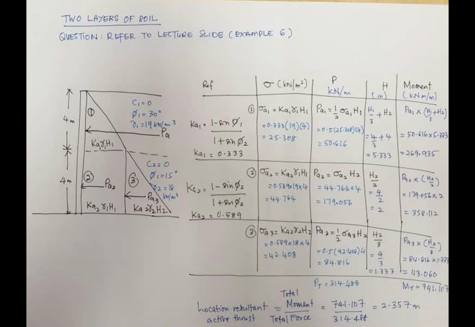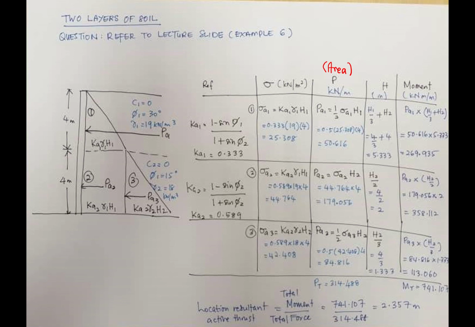So for layer number 1, refer to triangular section 1. You take the base stress value, put in all the figures, and you get the answer for stress A1. And of course you need to find the force for reference number 1. You must remember, force is always the area of your stress distribution shape.